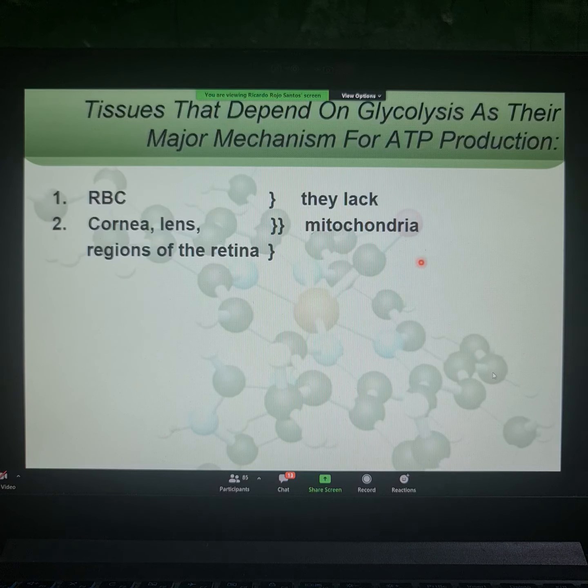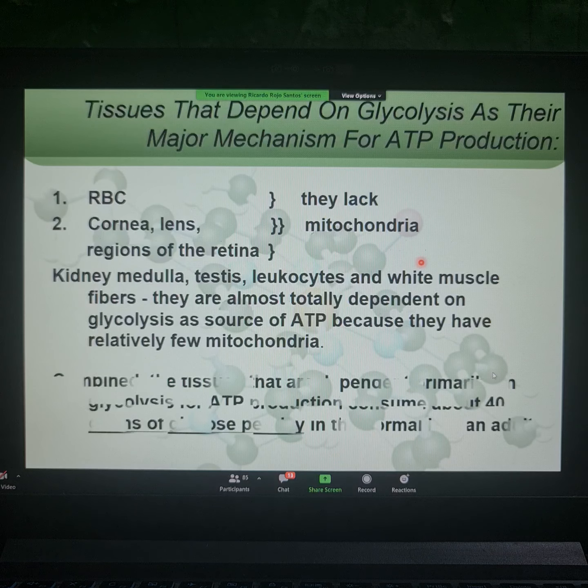They do not have the mitochondria, and therefore they do not have the Krebs cycle. They do not have the electron transport chain. They do not have oxidative phosphorylation. So the energy comes from the glycolytic pathway.